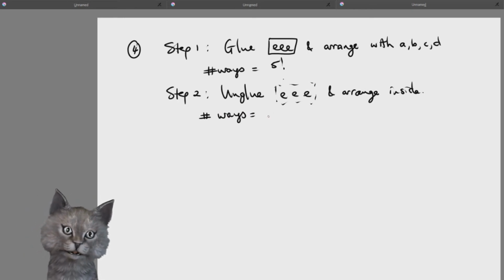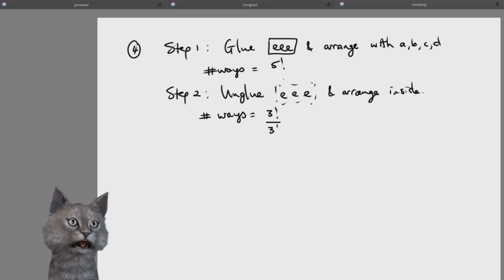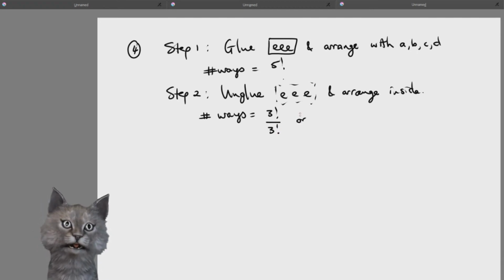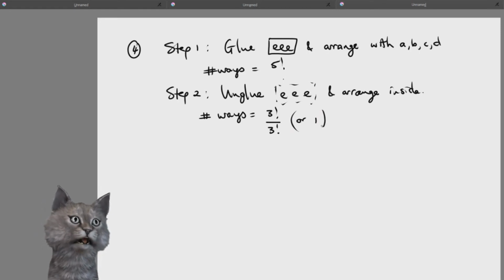Can I? Well, technically, yes. There are 3 things, and I need to shuffle them, but they're all identical. So you could say here that, which does follow the formula, or it simplifies to a 1.